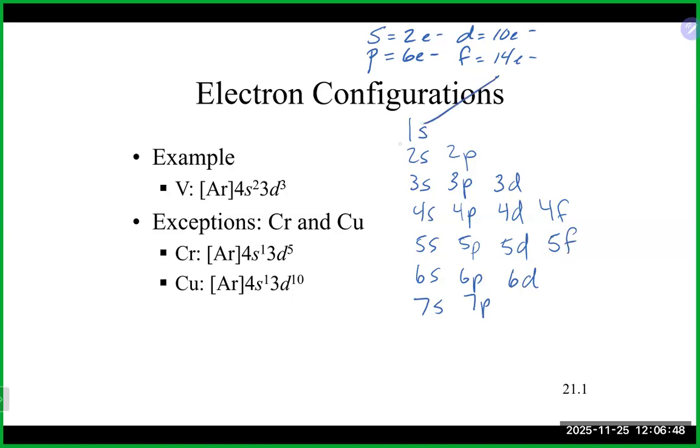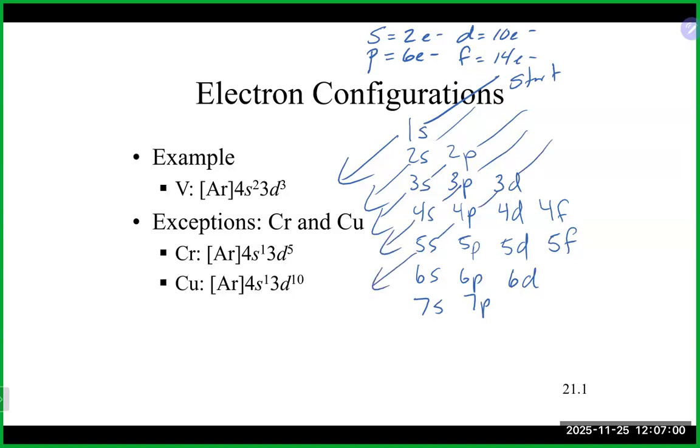And you always start way up here, and you follow the arrows. You zigzag back. One of the things people always screw up on is right about there, which is we do go from 3p, right? But remember that the 4s orbital is actually lower in energy than the 3d.